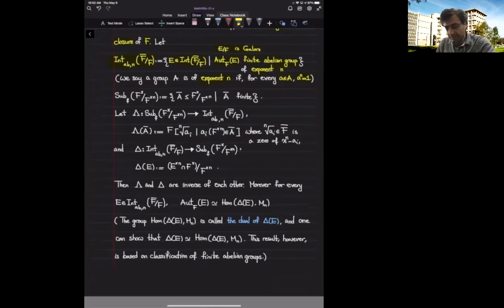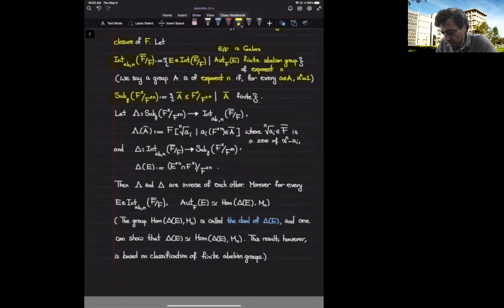On the other side, I'm interested in all the finite subgroups of F cross over F cross to the n. Again, I'm interested in group homomorphisms from F cross to a finite abelian group that's n-torsion, and that means that it factors through F cross to the n. So I'm interested in every finite subgroup of F cross over F cross to the n.